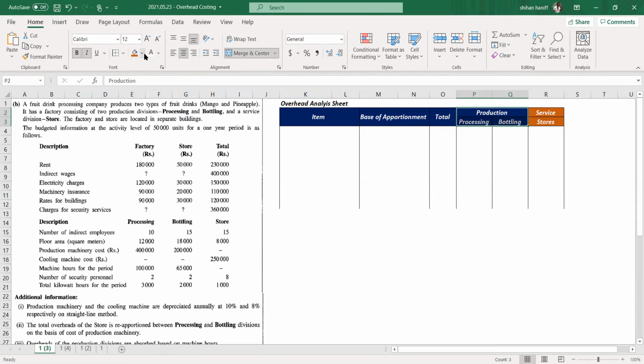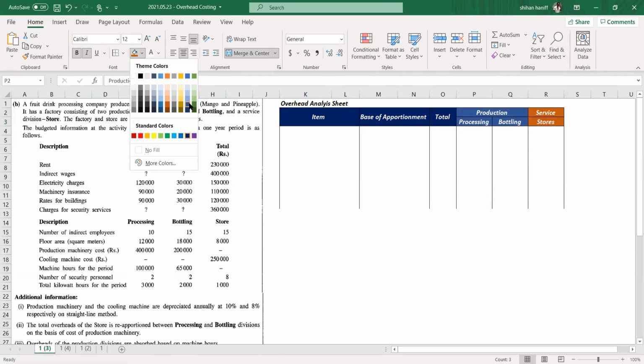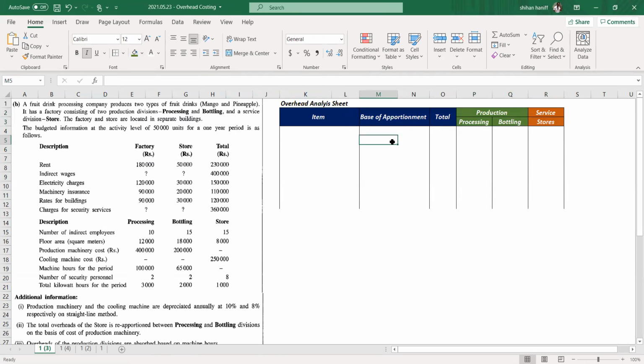This is production department. And draw this table. Remember, this is a very important question, and it's a compulsory question in the paper.